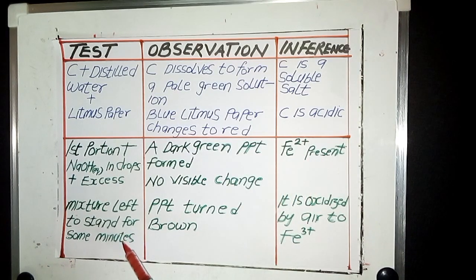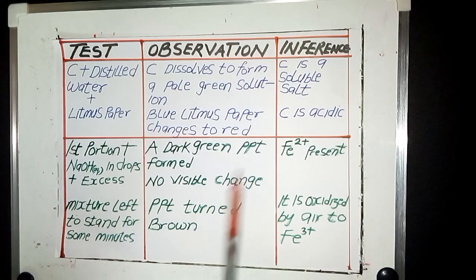Then under this test, if the mixture is left to stand for some minutes, you will notice that the precipitate will turn brown. Why? Because the iron 2 will be oxidized by air to iron 3. So iron 3 is brown, right? And iron 2 is green. And so I said precipitate turned brown.